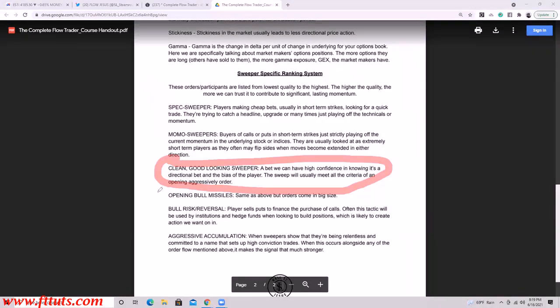And they come in big size. A lot of times I'll see it and you guys hear me on audio, I'll be like, oh shit, what a missile. So that's where bull missile comes from. It's a big, clean order where there's no doubt somebody's leaning into that name.